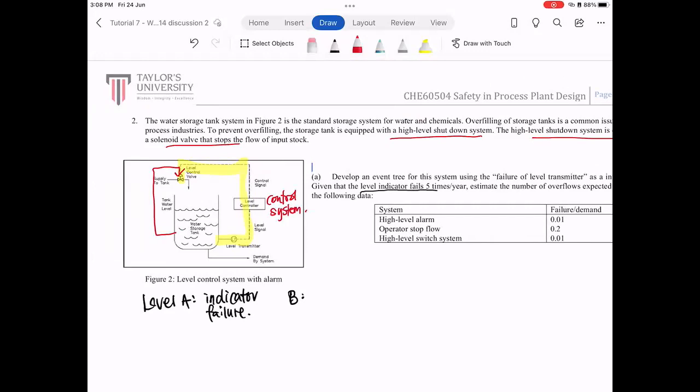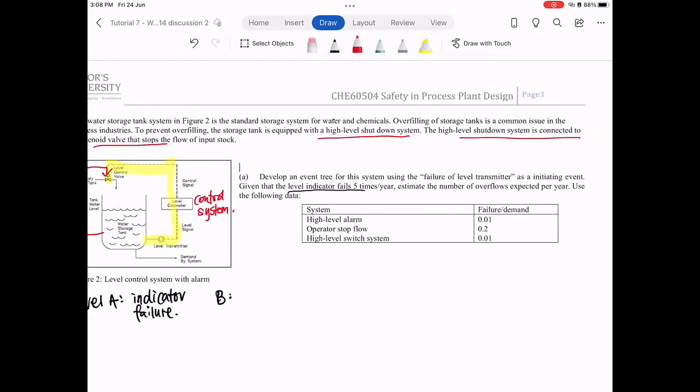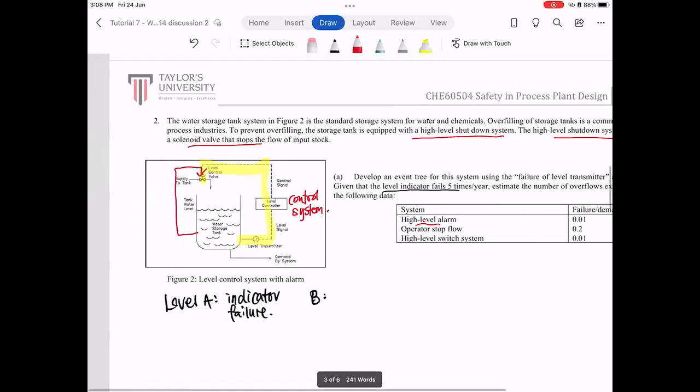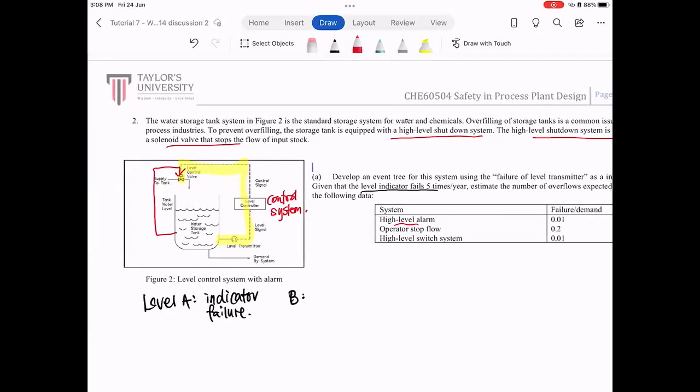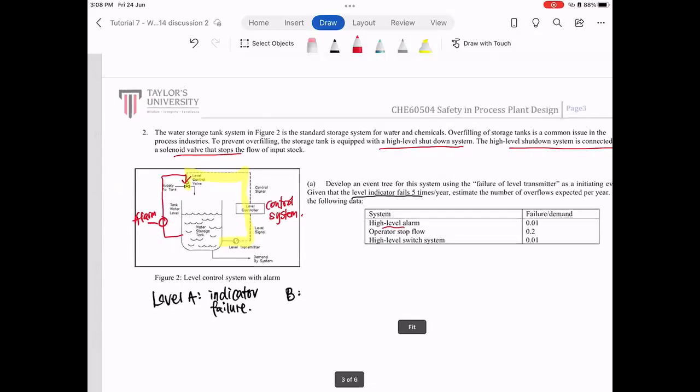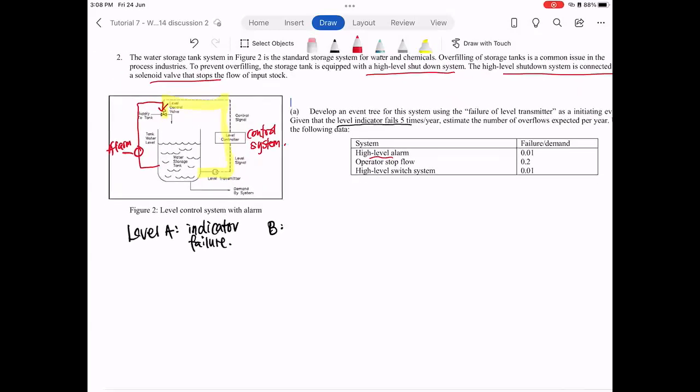Okay. So this system will shut down here. And also we know that there is a high level alarm here. So besides this, there is also an alarm. Okay, but we still have the system that will fail.